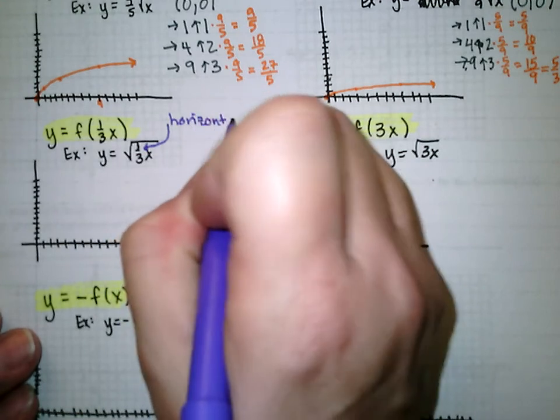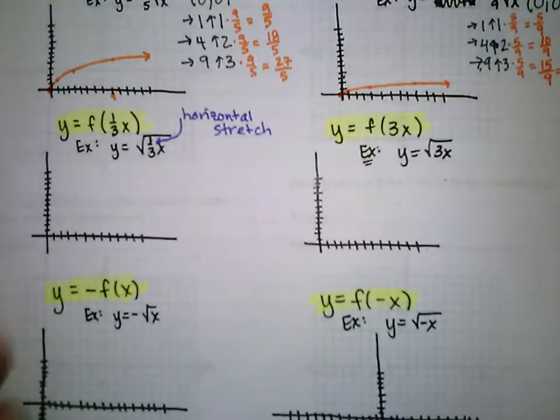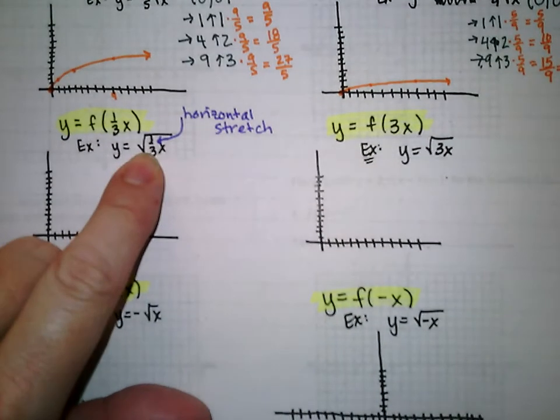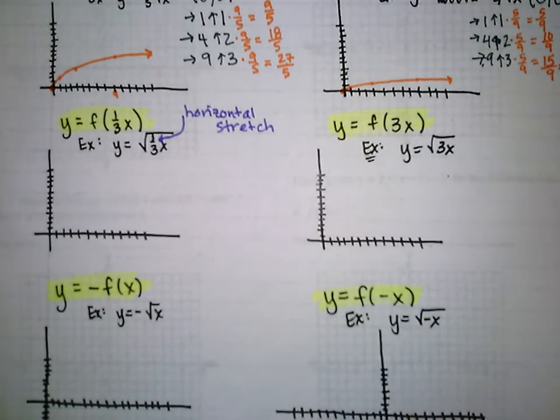On a horizontal stretch, what we're going to do is divide by that number. We're going to divide our x values or our overs. It's like when we go over 1, up 1, over 4, up 2. We're going to divide our overs by that number. Another way to think of that is to multiply by the reciprocal.